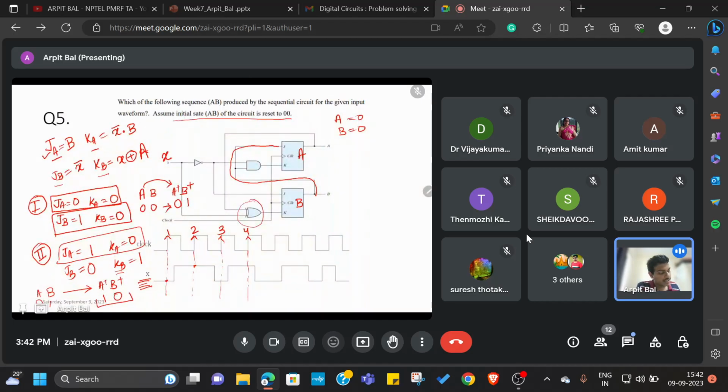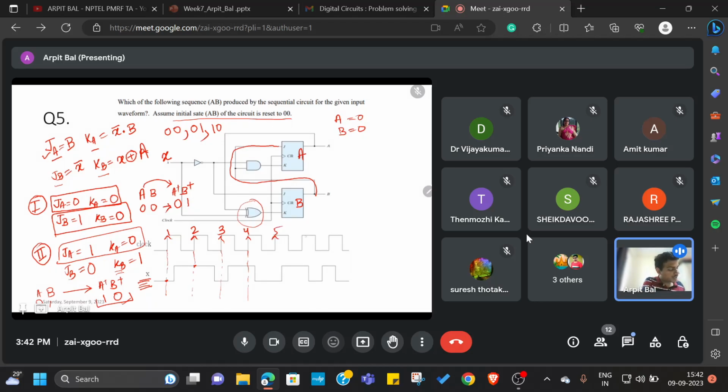And JBKB is equal to 0, 1, so B plus will be 0 irrespective of any input. Okay, so we figured out one sequence: it is going to be 0, 0, because it was the initial state. Next it became 0, 1, and next it became 1, 0.